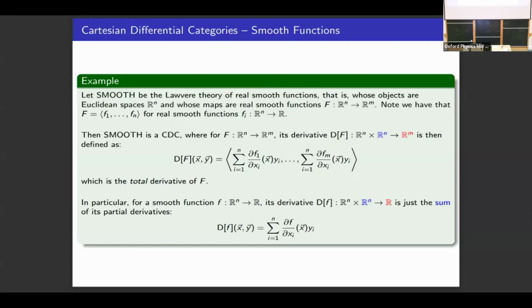So it's the tuple where at each component, it is the sum of the partial derivatives of F_i. In the first component it's all about F_1, and in the last component it's all about F_m. In particular, in the special case where I'm just taking a function from R^n to R, this is really just the sum of the partial derivatives of f.